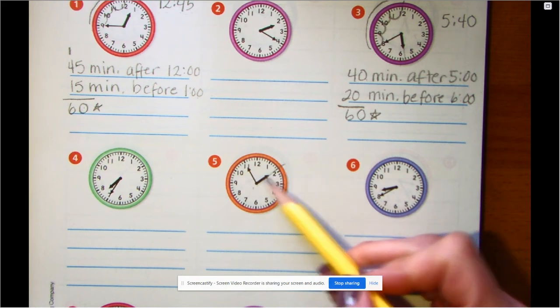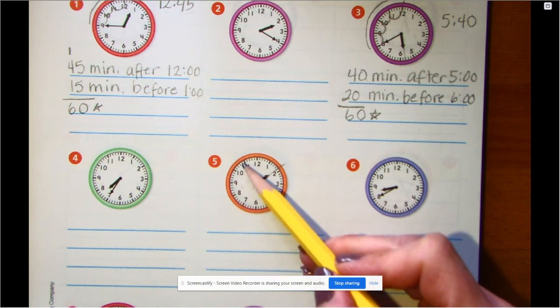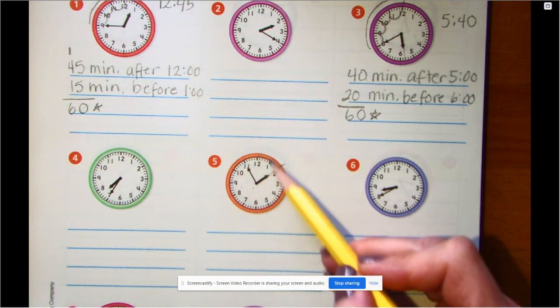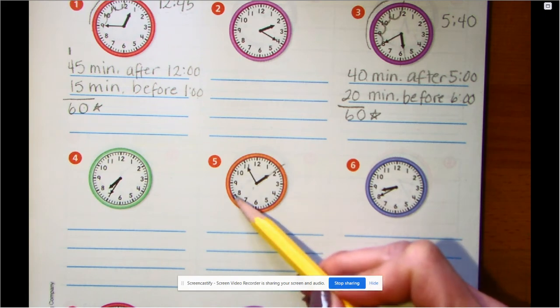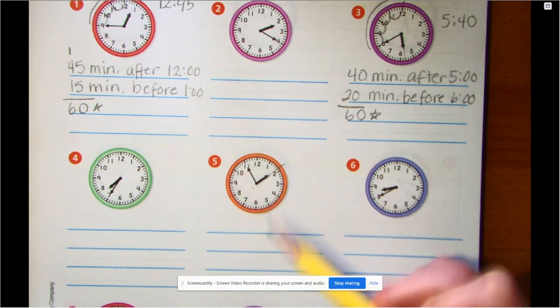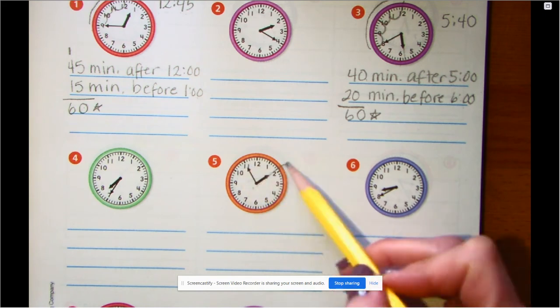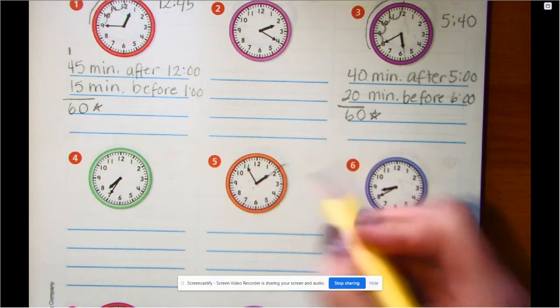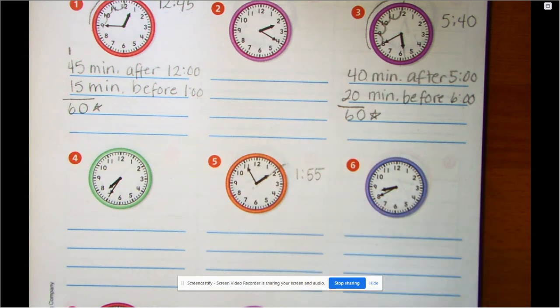Well, I look at my minute hand. It's gone almost all the way around the clock. If I start and count 5, 10, 15, 20, 25, 30, 35, 40, 45, 50, 55 minutes have gone by. 55 minutes have passed since 1 o'clock. So my time would be 1:55.